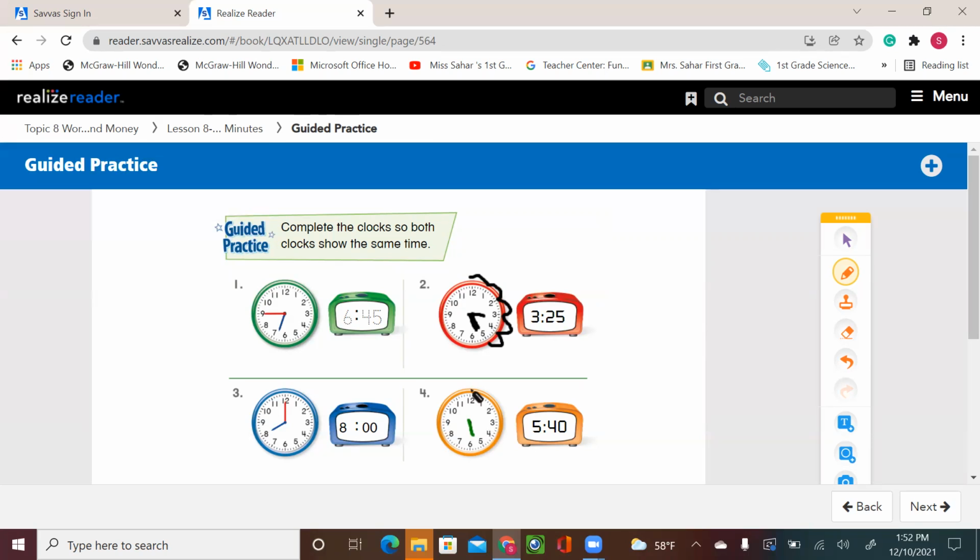I know that starting from 12 to 5, that's 5, 10, 15, 20, 25, 30, 35, 40. I need to put my minute hand all the way at 8. So now it's 5:40.